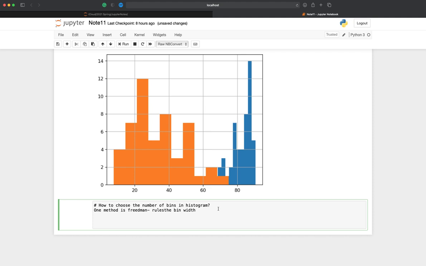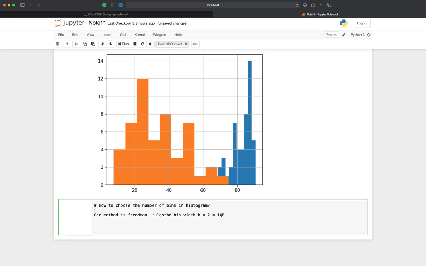So the width of a bin is going to be calculated in this way. H equals 2 times IQR. So what is the IQR? IQR is the interquartile range, which is Q3 minus Q1.